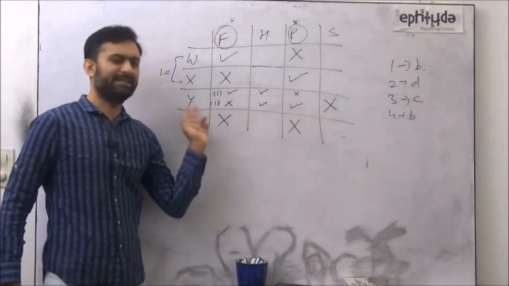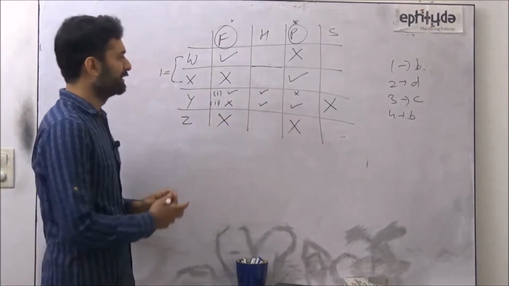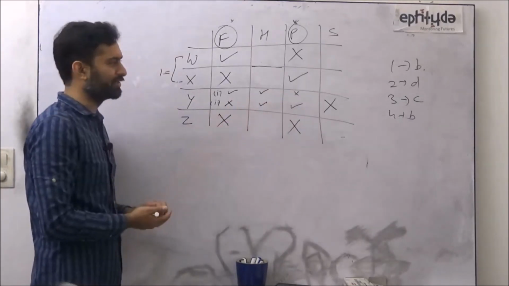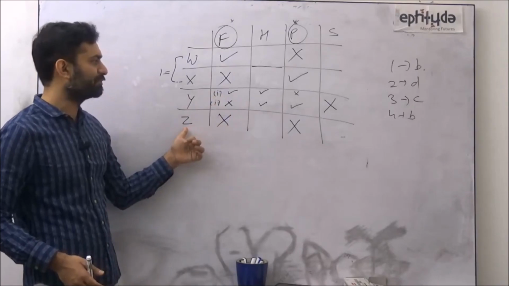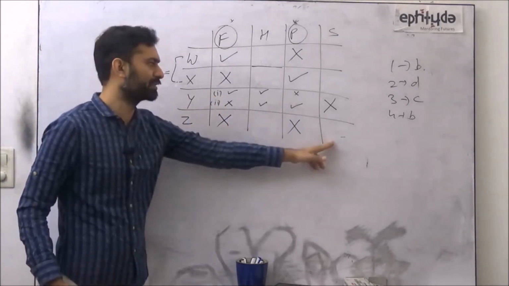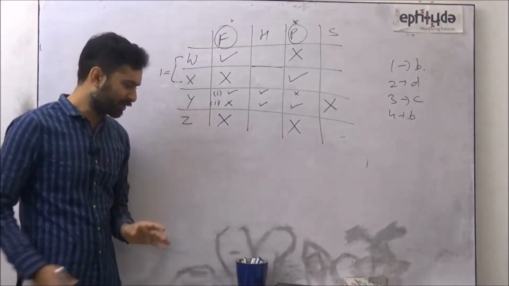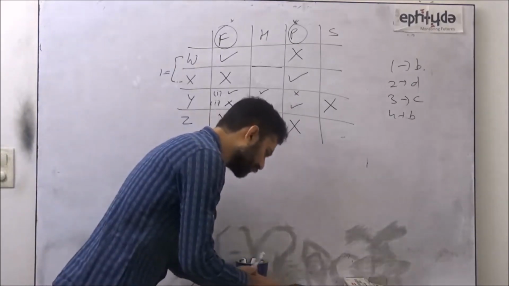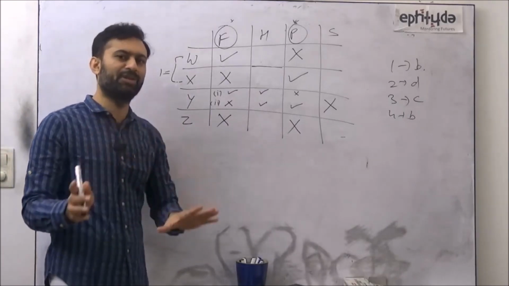So in both the cases, the common thing is, see, others will change. The answers for others will change in the situation, because if Y is this, Z would be here. If Y is this, Z would be here. So don't think about that, because the question is not could be, the question is must be. So whenever the question is must be, don't make cases, just come to the deductions.